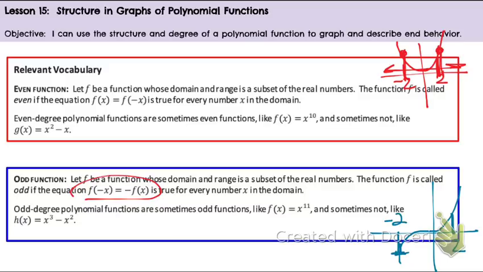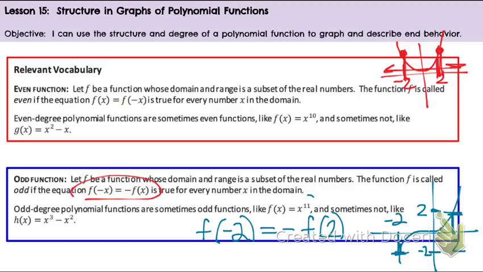So f of negative 2 is the opposite of f of 2. So let's pretend this dropped down to negative 2 and this was up at positive 2. They're opposites. So that's what an odd function is.